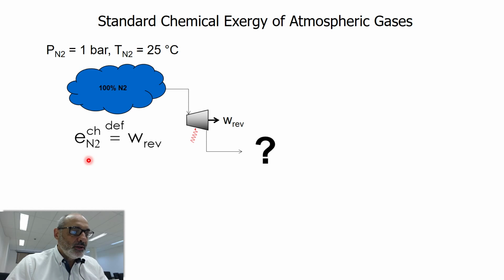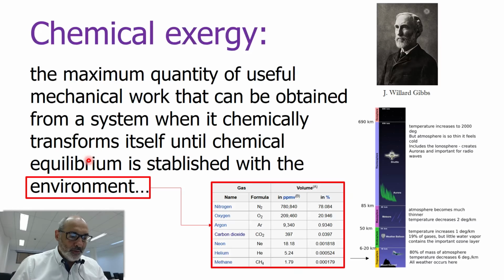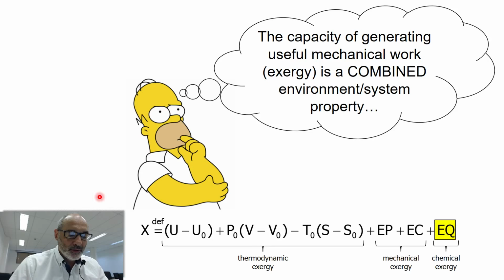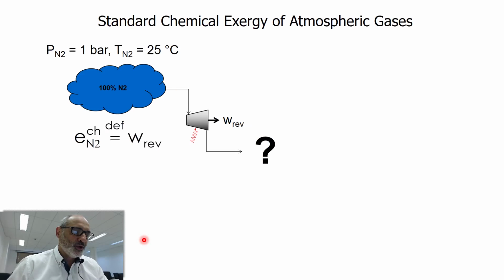Just an observation here. I'm going back two slides. I'm using the letter X to refer to exergy, and now I'm going to need the letter X for other definitions. So I'm going to switch to E. From now on, E is going to stand for exergy.